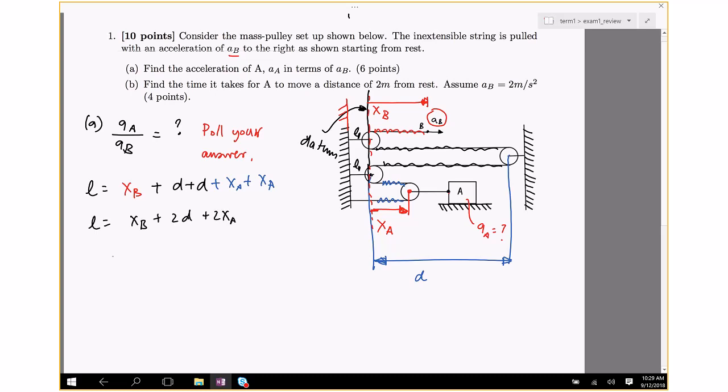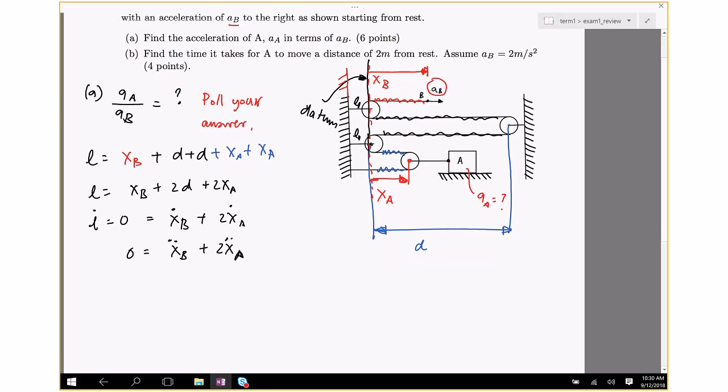So differentiate it once. L dot equals 0 equals xb dot plus a derivative of d, which is constant, so that is going to be 0, plus 2xa dot. And if you differentiate again, you get 0 equals xb double dot plus 2xa double dot. So AB plus twice AA equals 0.